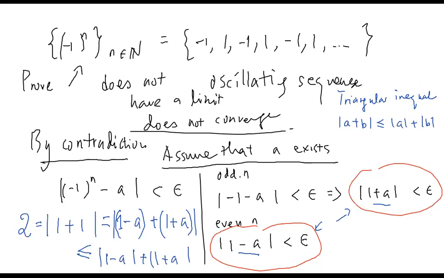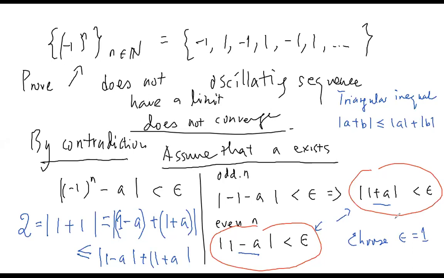So basically now you are saying that, here you will choose, it doesn't matter. You can choose epsilon to be 1 or something else, because the point is that as long as you can demonstrate a contradiction for any particular epsilon, you are done already.